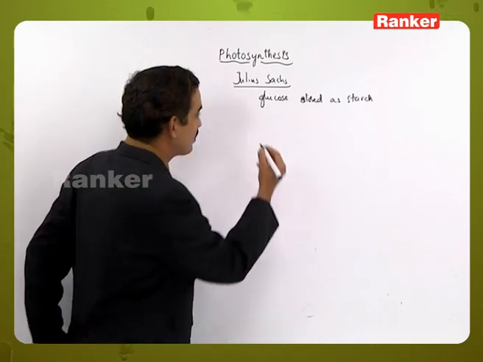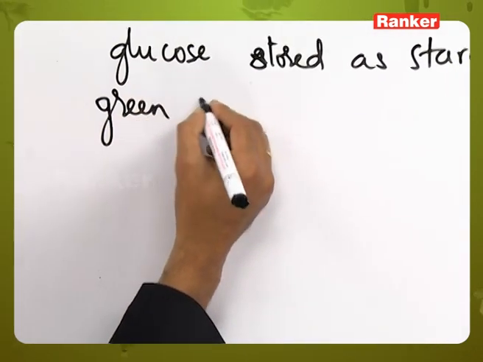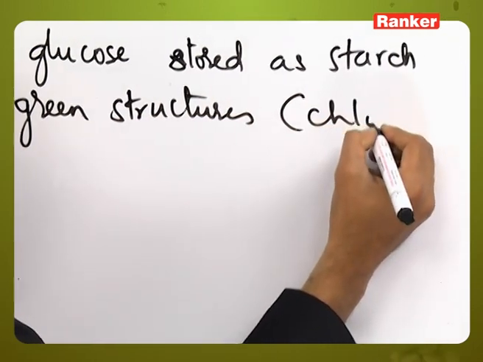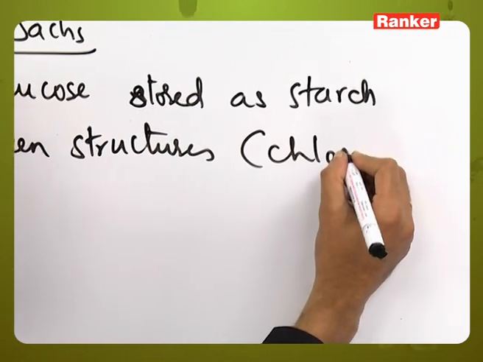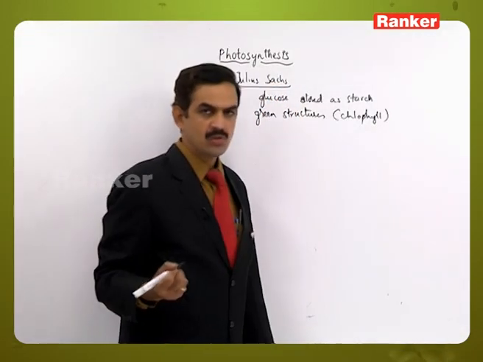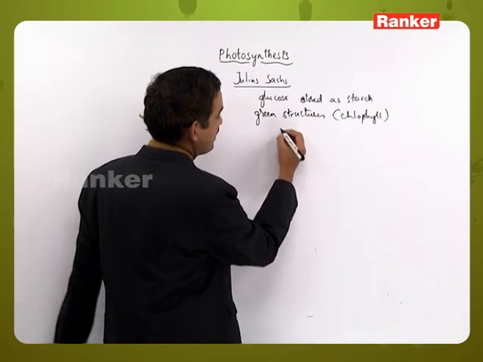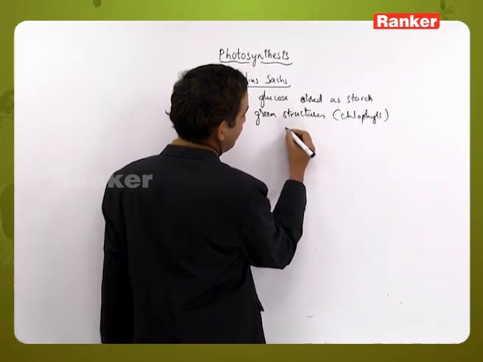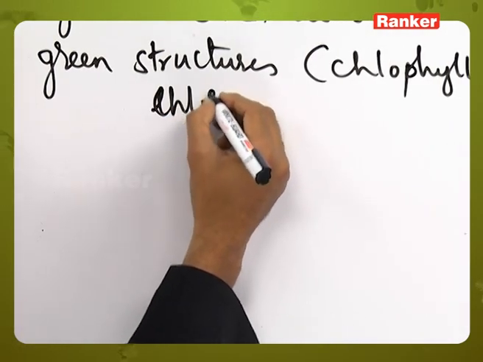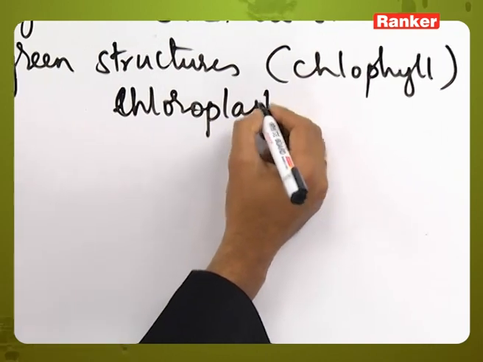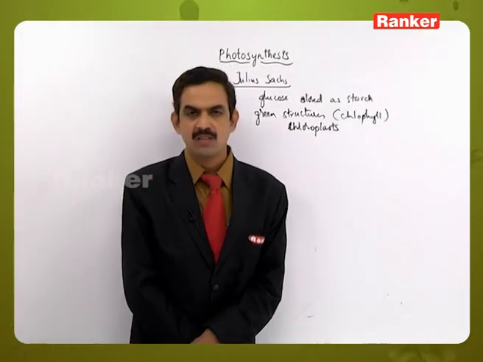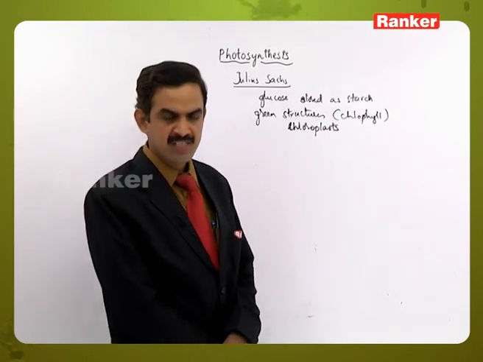So those green structures contain chlorophyll. This chlorophyll is present in special lamellated structures called chloroplasts. So this was confirmed by Julius Sachs, where glucose is stored in the form of starch molecules inside the plants.